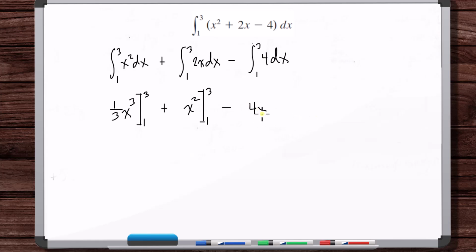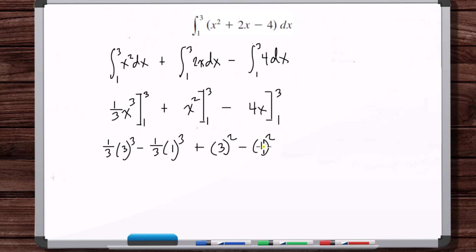So this is going to be 4x. The derivative of 4x is 4. Okay, so now what we do is 1/3 3 cubed minus 1/3 1 cubed. Okay, now this is 3 squared minus 1 squared.